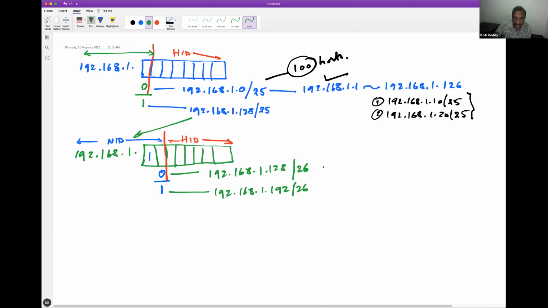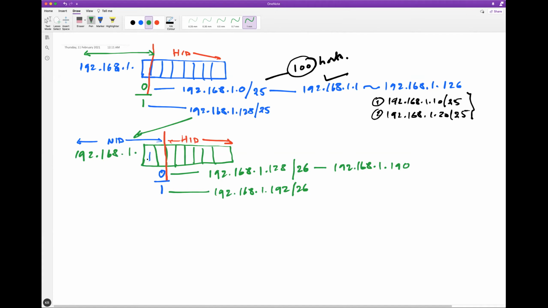What's the range of IP addresses in this? 192.168.1 dot, 1 0 is already there, then all zeros and all ones. What will I get? 128 or 64. 1 0 all ones is 255 minus 64, which is 191.